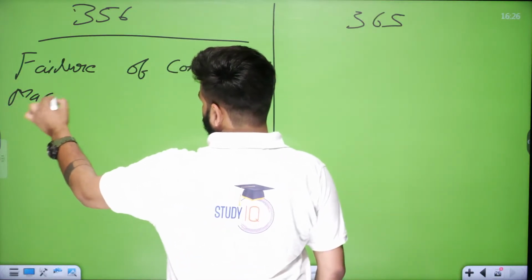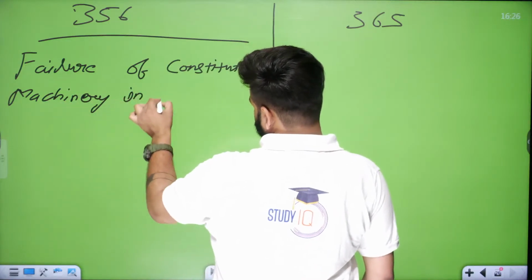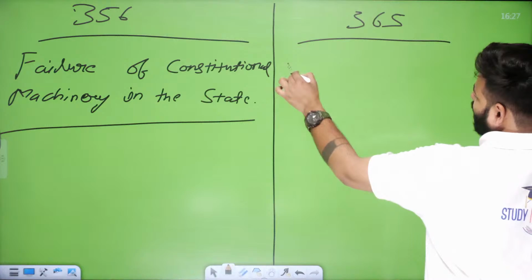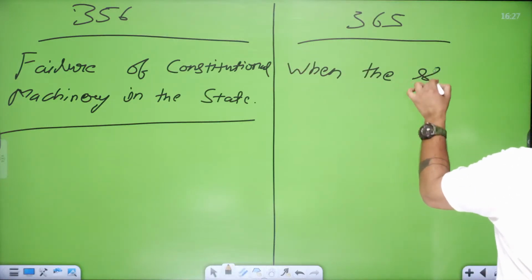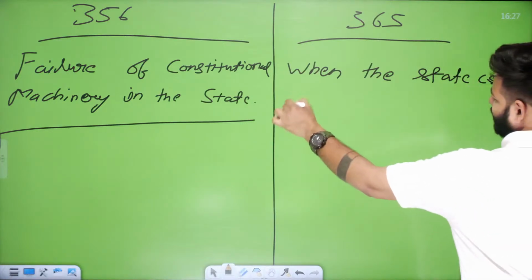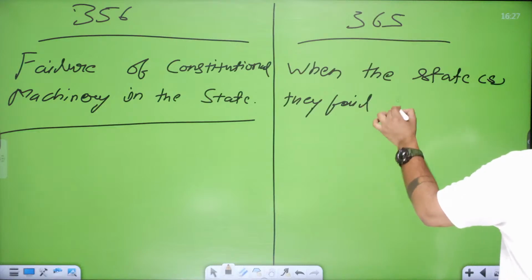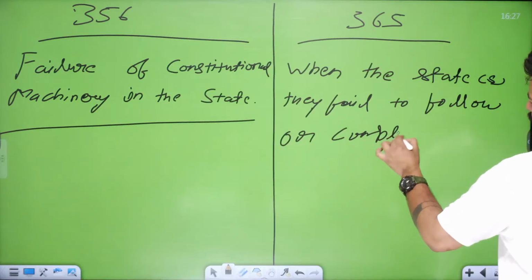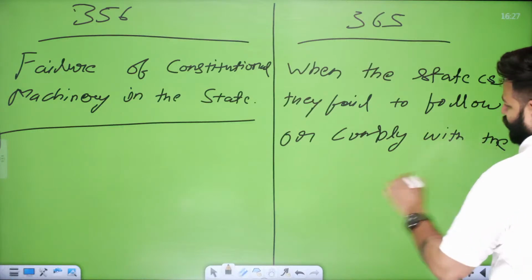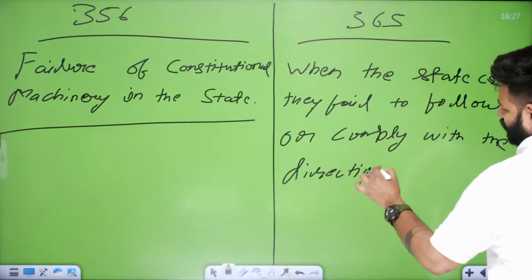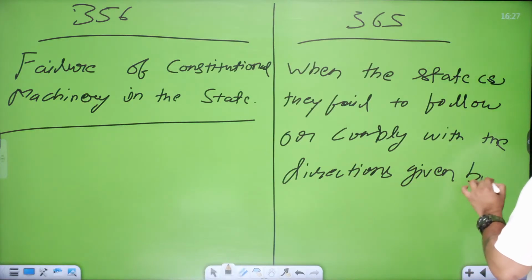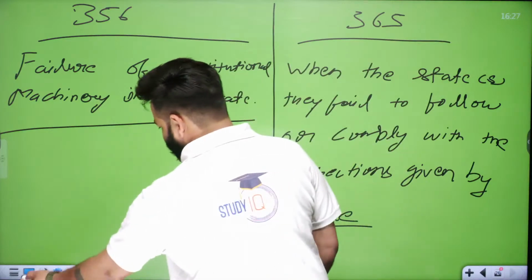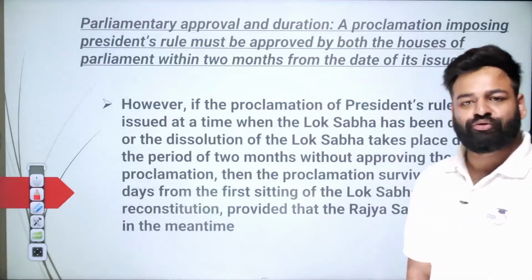Failure of constitutional machinery in the state. 365 says that when the state or the states fail to follow or comply with the directions given by the center, then in that case also the President is entitled to impose the President's rule, right? So these are the two provisions.